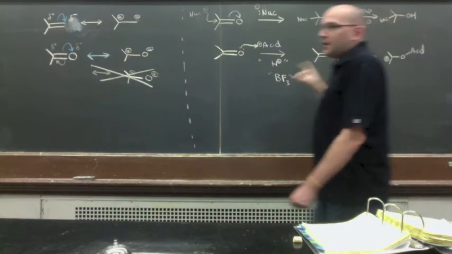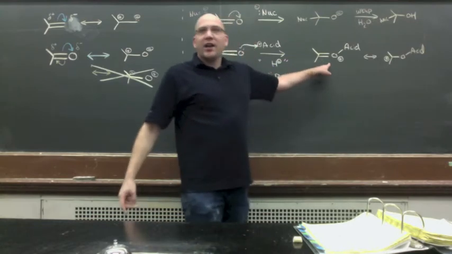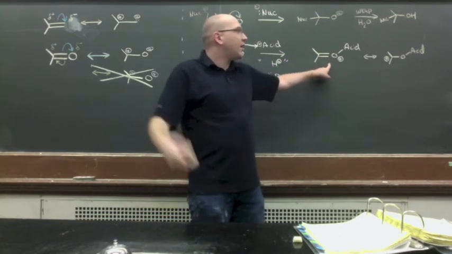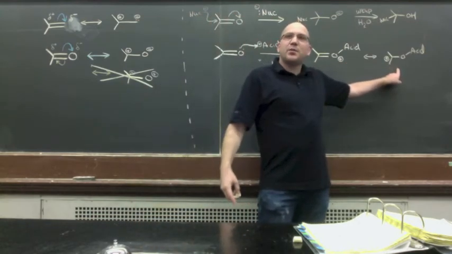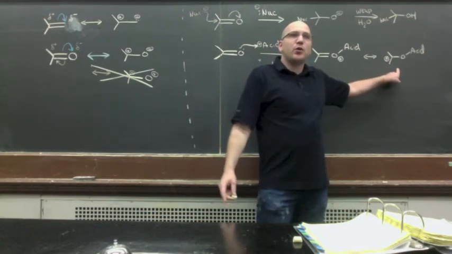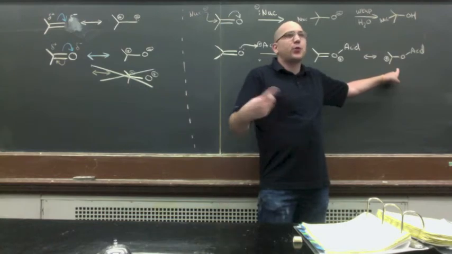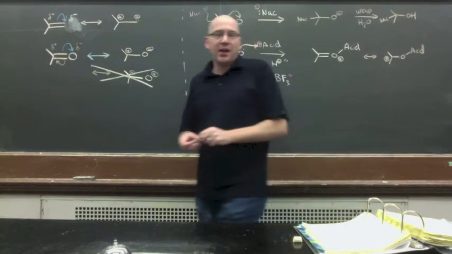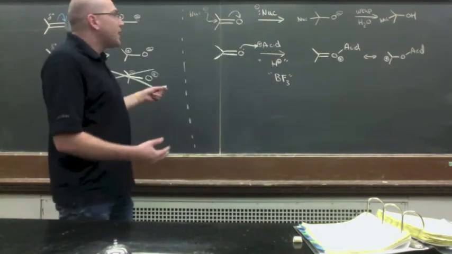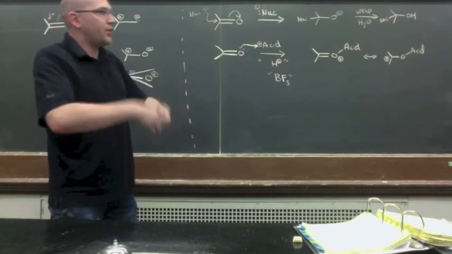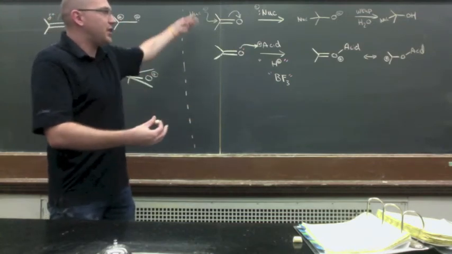And again, this is going to be the major resonance form. Why? Full octet, right? But as we'll see, this could be a resonance form in the same way that we saw before, where sometimes it's this resonance form that will actually help explain the subsequent chemistry that we're going to see. Okay? So again, a theme going forward with carbonyls is going to be these two sorts of reactivities.